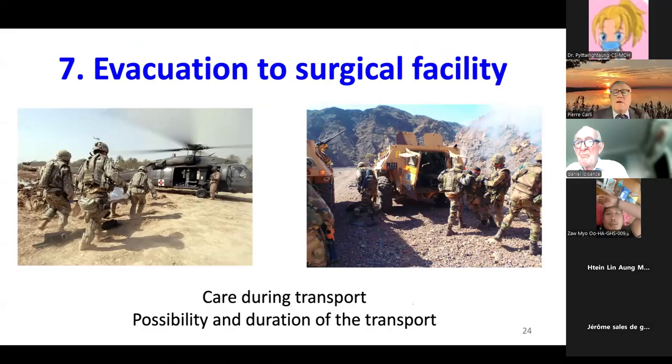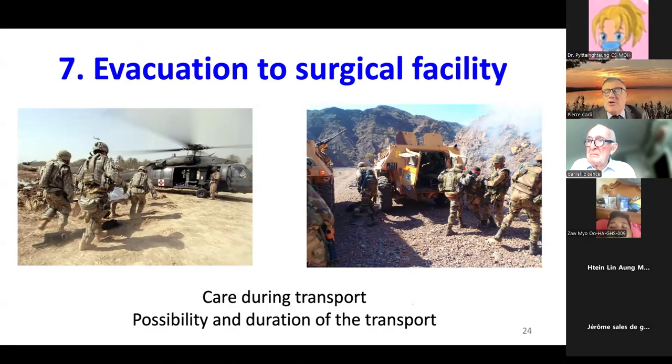When you have an overview of that, the problem will also be that you may be very near the scene, and the problem is to send the patient to the nearest surgical facility, or the nearest facility where you can provide more care. In many circumstances, you use the helicopter. Sometimes you don't have helicopters, and in civilian practice, you cannot always land helicopters.